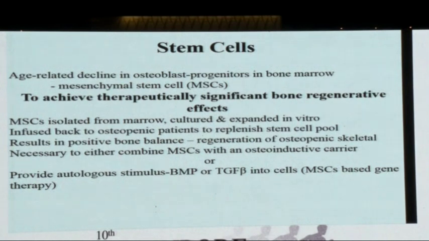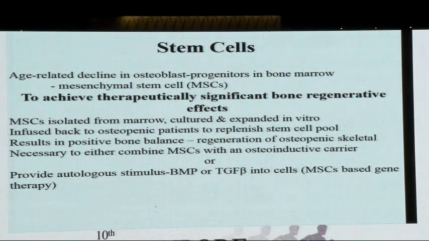Now, stem cells of late have become the trend, and age-related decline in osteoblastic progenitors in bone marrow, MSC, can be used. To achieve therapeutically significant bone regenerative effects, MSCs are isolated from marrow, cultured, expanded in vitro.